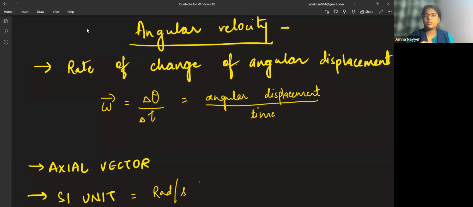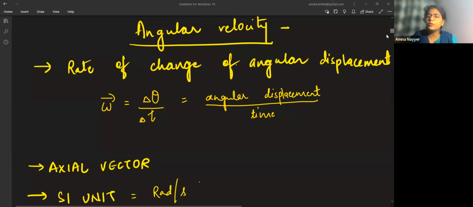All right. So this was the basics of angular velocity. You just have to connect it with your linear velocities, linear displacement, which you have studied. So likewise, we had the types of linear velocities. You have average, you have instantaneous, depending upon non-uniform and uniform. Similarly here also.